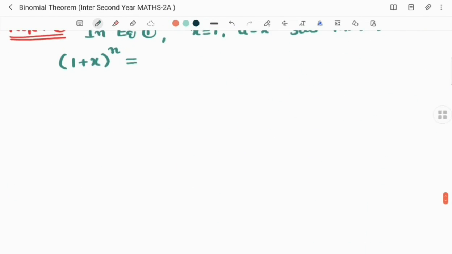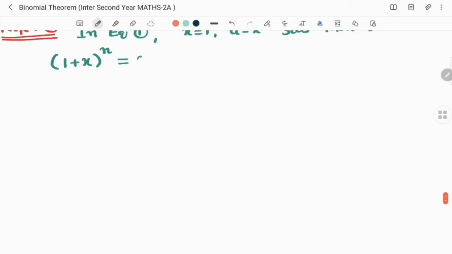So the 1 plus x whole power n expansion is nC0 plus nC1 x plus nC2 x square plus nC3 x cube. Observe clearly: nC0, so that means x power 0, nC1 x power 1, nC2 x power 2. The a value won't come. Why? Because I have taken the a value as 1.